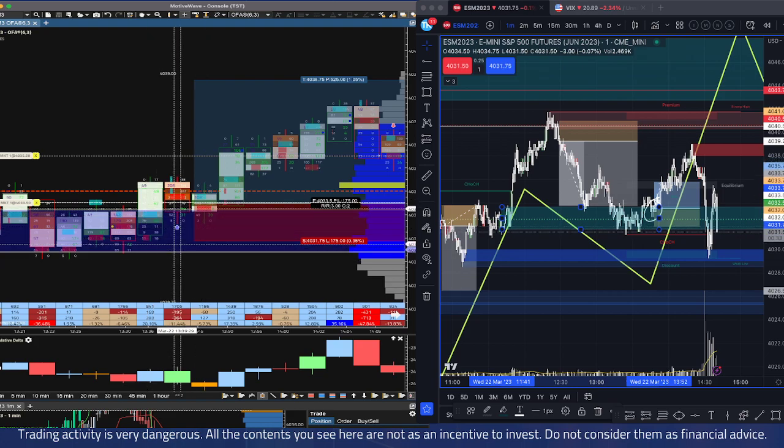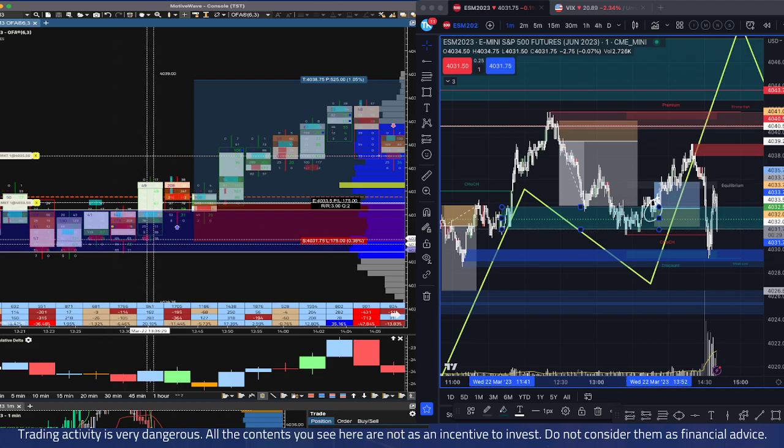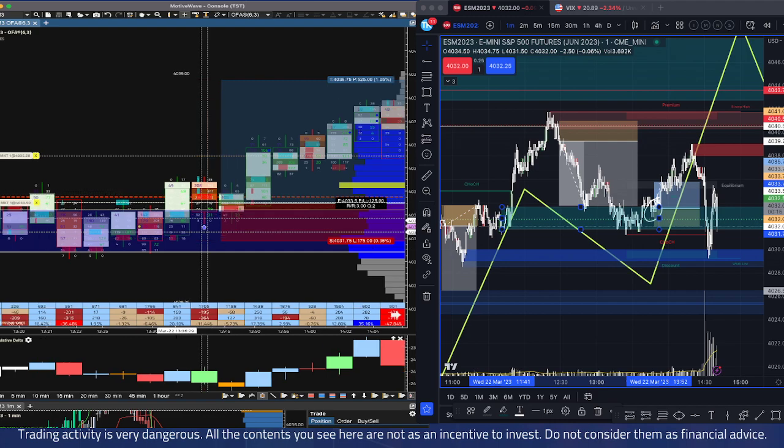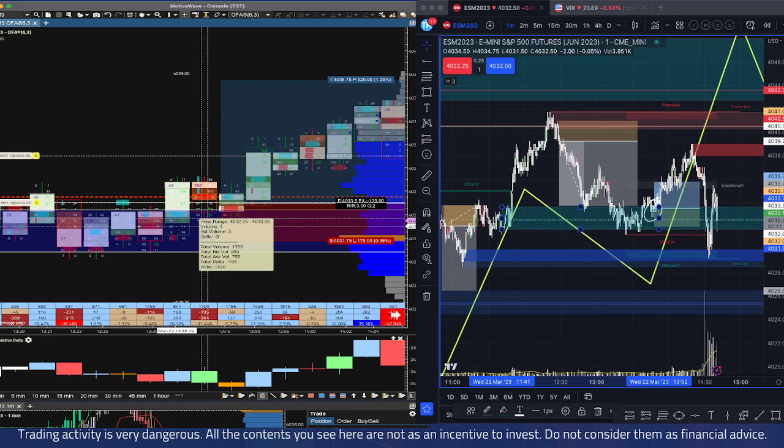Stop loss below this level, which is the trapped sellers basically. So from the execution point of view, for my strategy, this is the perfect trade. Very clear, very easy.